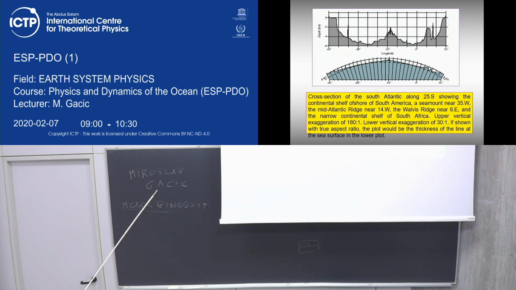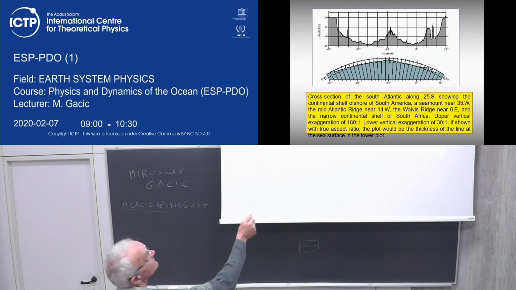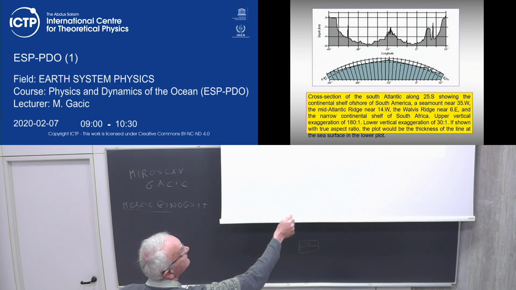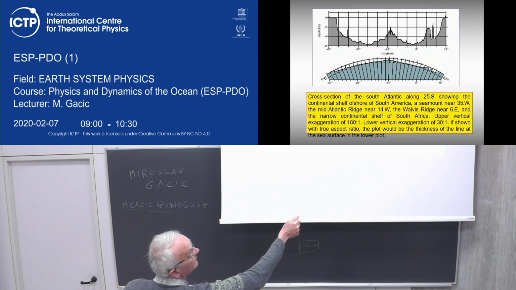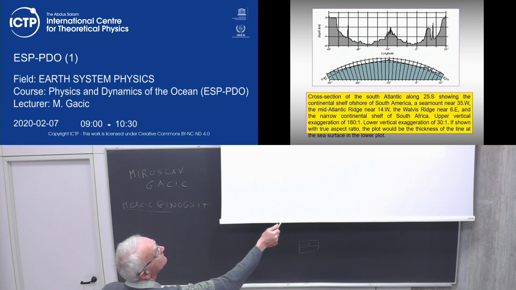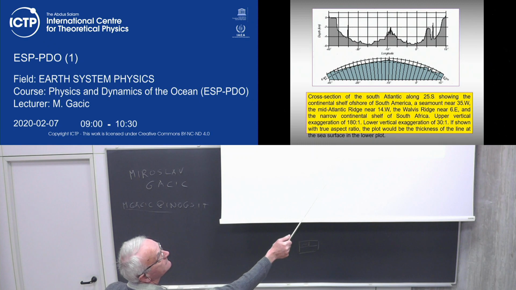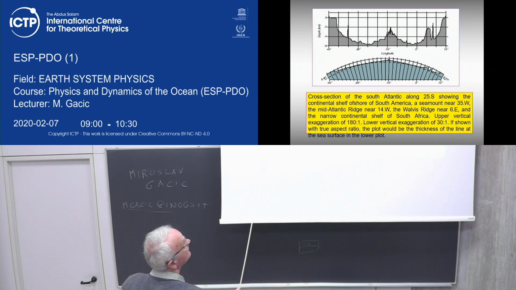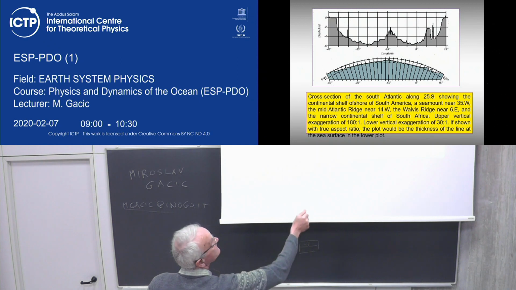This is how it looks: a cross section of the South Atlantic along 25 degrees south, showing the continental shelf offshore South America, a seamount near 35. Where is the seamount near 35? Should be here. The Mid-Atlantic Ridge, which is this one here.